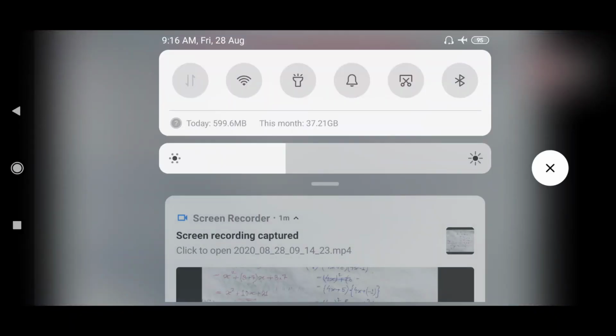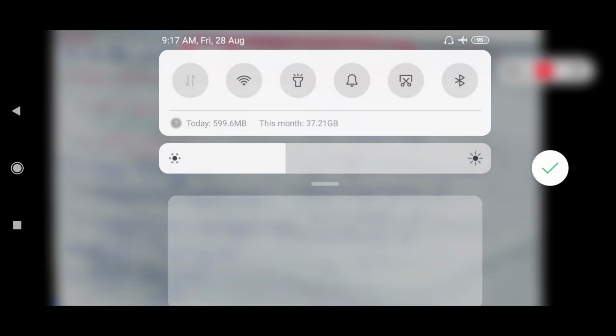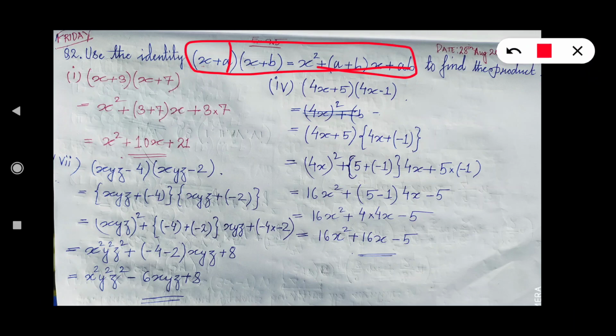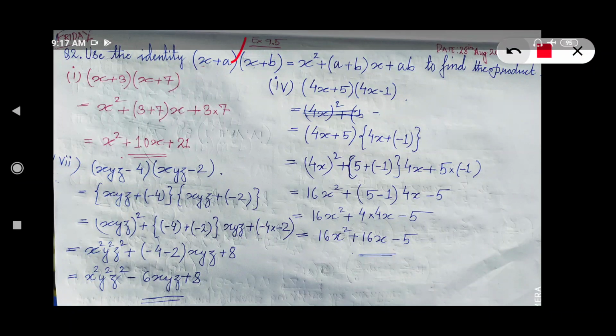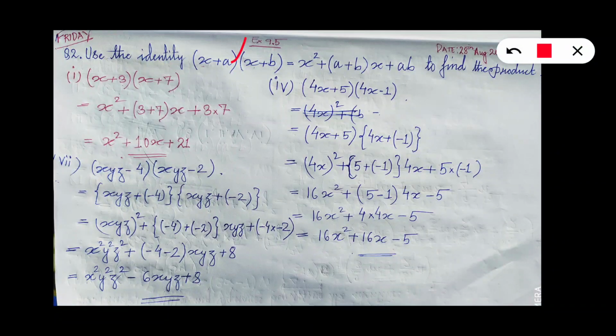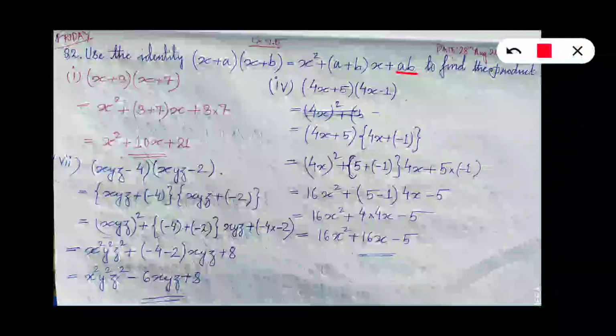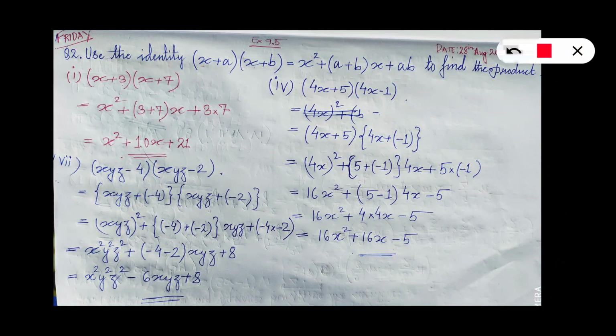Bracket means you will not say bracket, you'll have to say multiply. (x + a) into (x + b) gives you x square plus (a + b)x plus ab, means a into b.